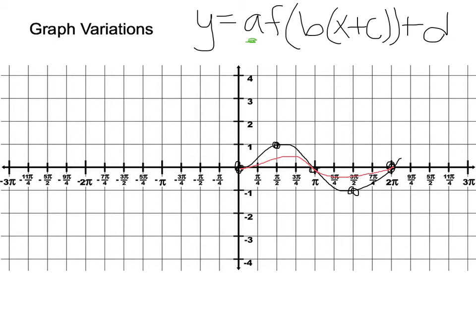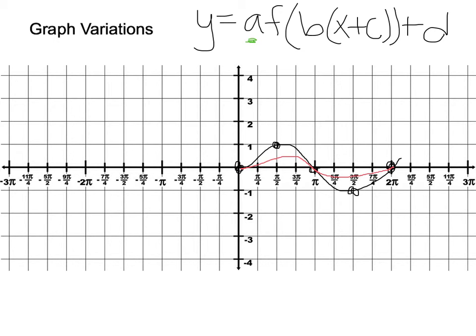So just quickly demonstrated here, the black graph is just a normal sine graph, and the red line demonstrates what happens if you make the A 1/3. So you can see it just flattens out a little bit. It still grows through the points (0, 0), (pi, 0), and (2 pi, 0), but you can see the y coordinates are just slightly smaller.